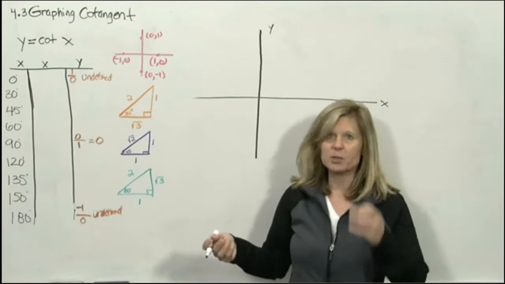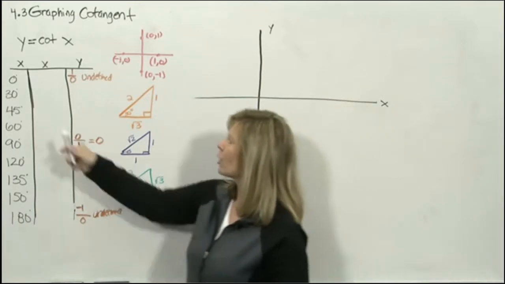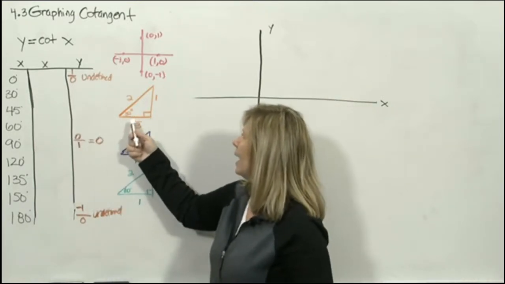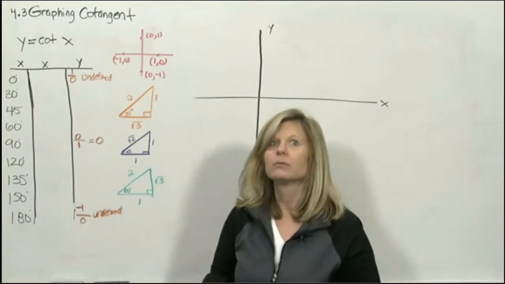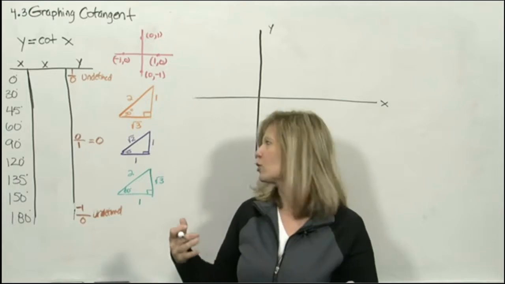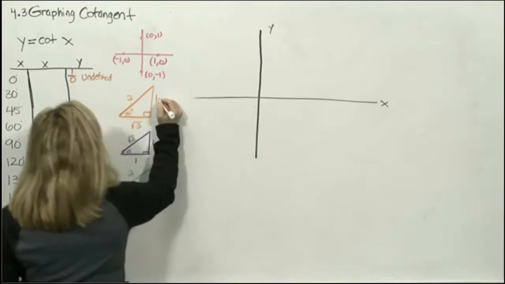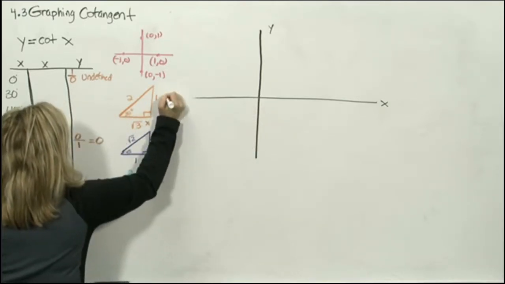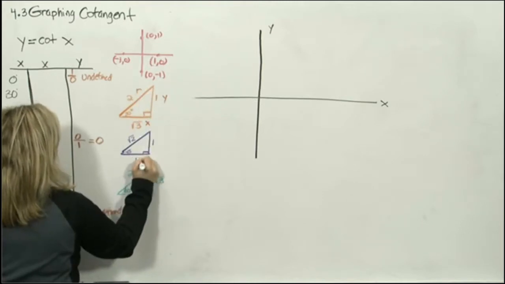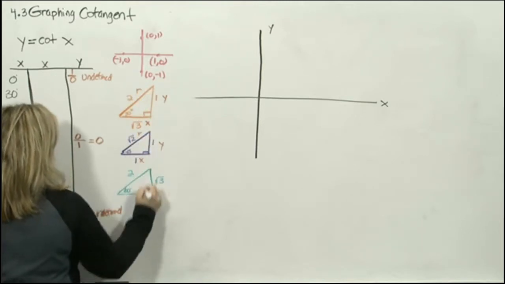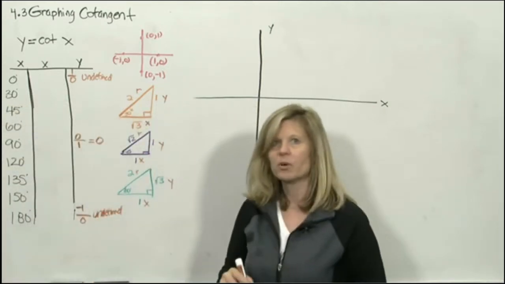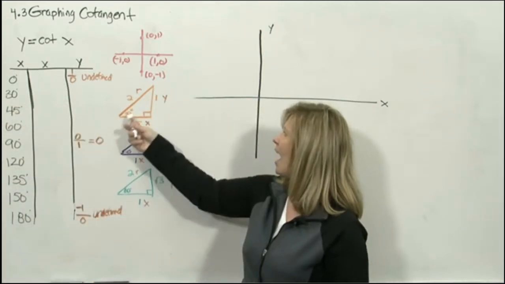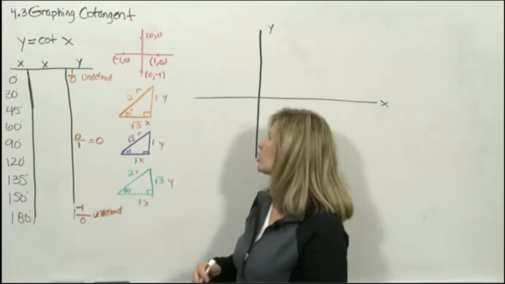Now we're going to look up our special right angles. So we're going to go to 30 degrees. And remember, all these triangles are drawn in quadrant 1, because 30, 45, and 60 are in quadrant 1. So according to this picture, here is our x, here is our y, here is our r. Even though I don't have the 4 quadrants drawn, I have it drawn like the triangles would be in quadrant 1.